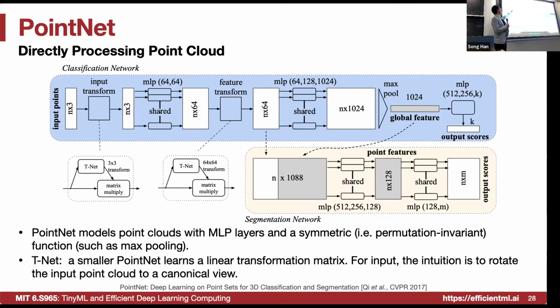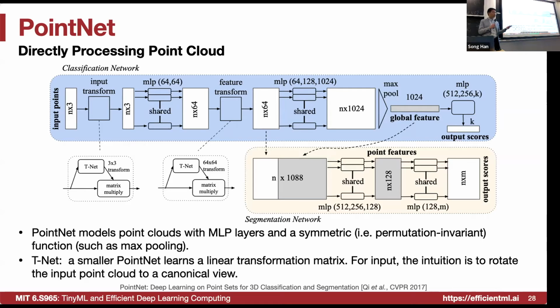The input is n points by three feature dimensions, and then we just transform them using matrix multiplication, passing them through many multi-layer perceptrons. Here we have a T-Net, which is a smaller PointNet that learns the linear transformation matrix. The intuition is to rotate the input point cloud to a canonical view.